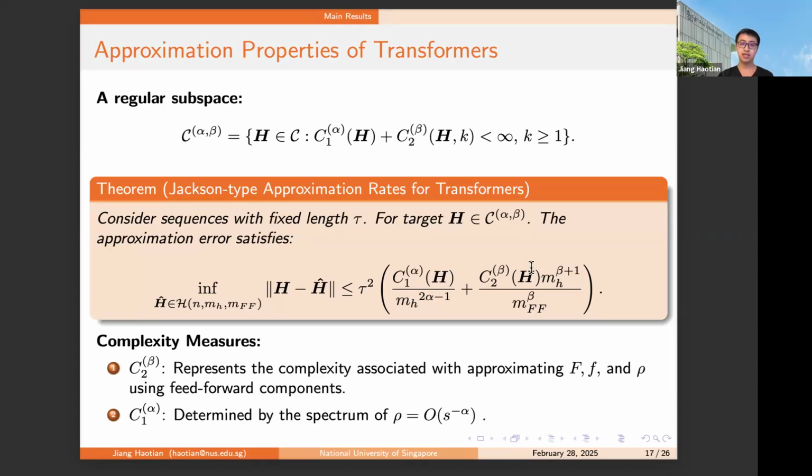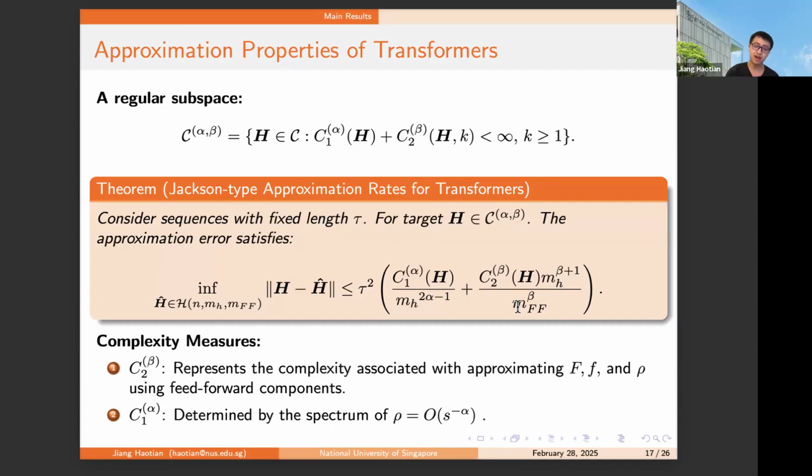Let's take a look at the approximation rate here. It contains two parts: one considering C1, and one considering C2. The C2 complexity measure represents the complexity associated with approximating big F, small f, and rho using feed-forward components.